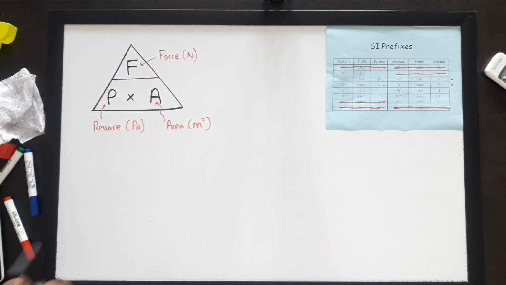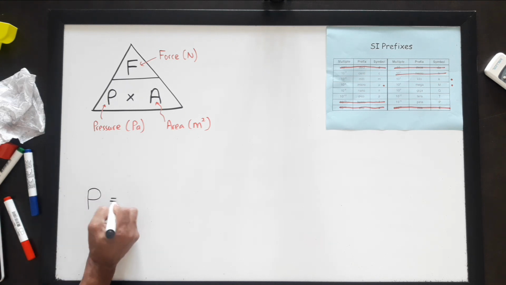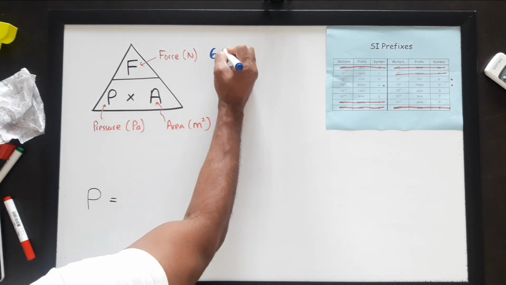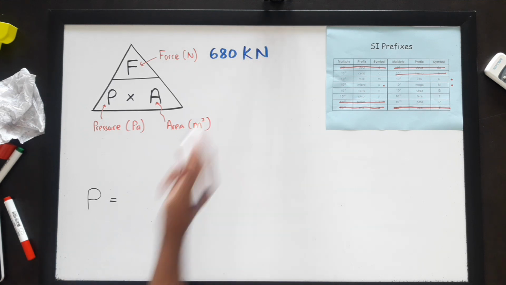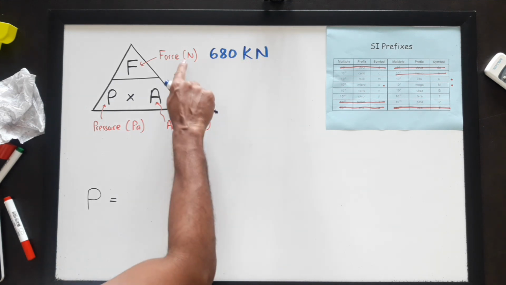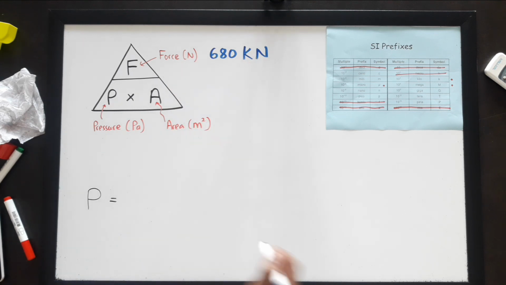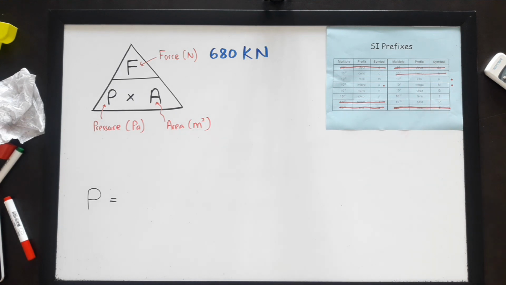So let's say one day I ask you to find the pressure, and I told you the force was 680 kilonewtons. Now you notice I did not give the force in normal newtons. I put kN, and K stands for kilo, which means multiply by 10 to the power 3 or 1000.